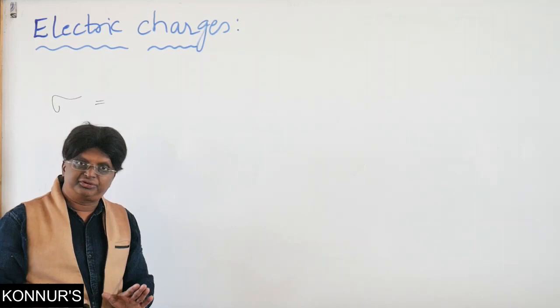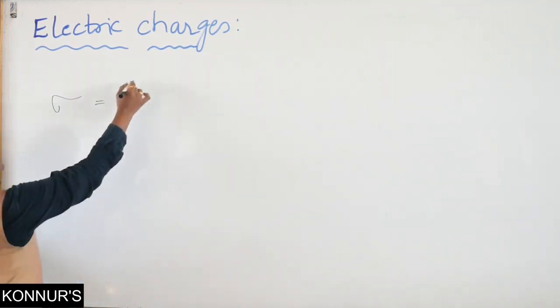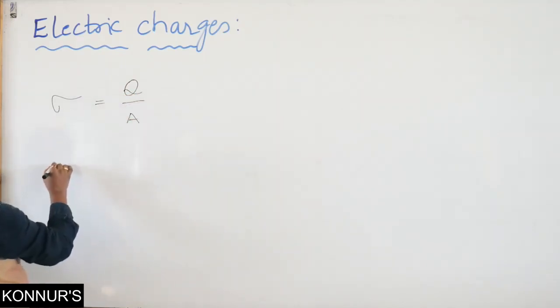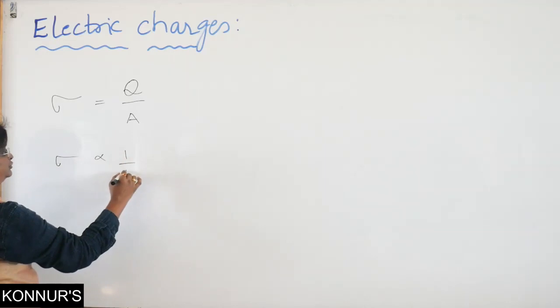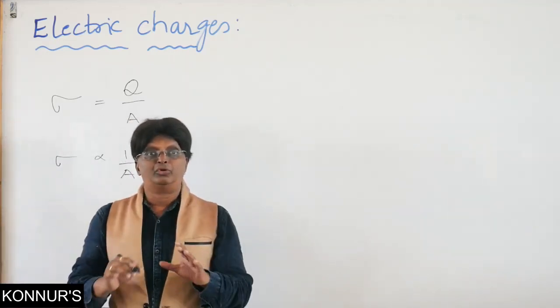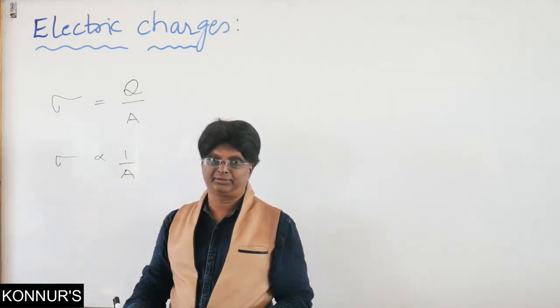Volume charge distribution never occurs for a conductor, such that sigma is Q by A, where you find sigma proportional to 1 by A for surface area. So more surface area, lesser sigma is one such result.